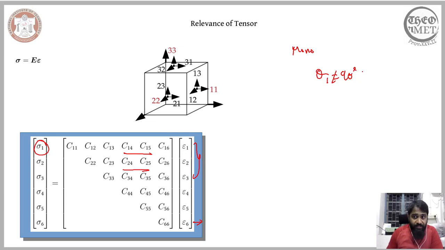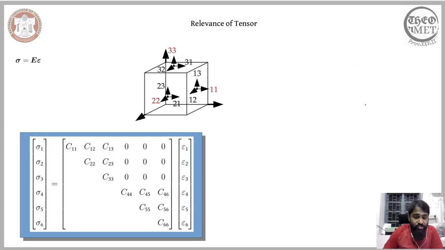Now if I consider a case wherein all my crystallographic angles are 90 degrees, then ultimately I would end up with such a stiffness matrix because my normal stress is only going to give me normal strains. So all these strains are normal strains and all these turn to 0. So we started off with triclinic, we moved to monoclinic.